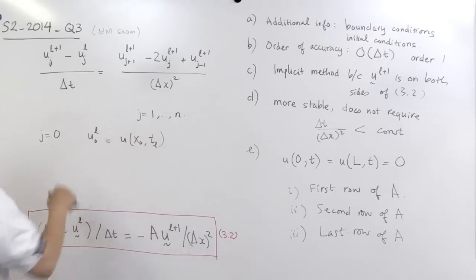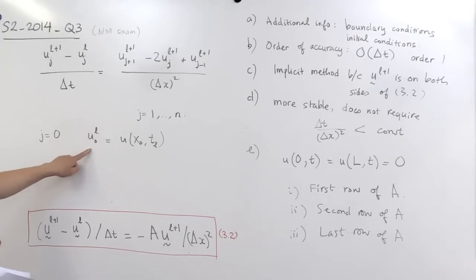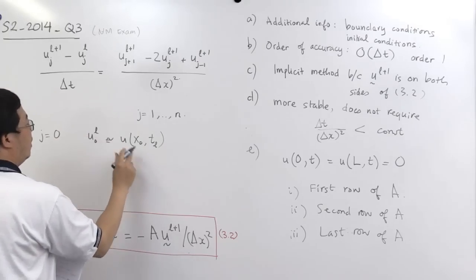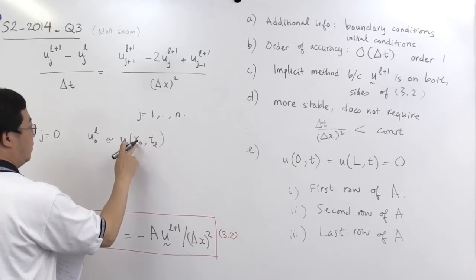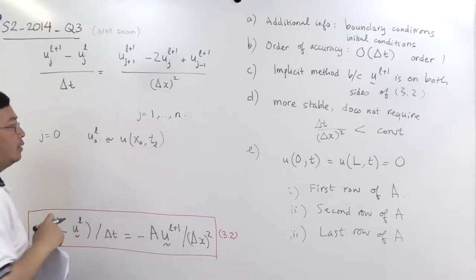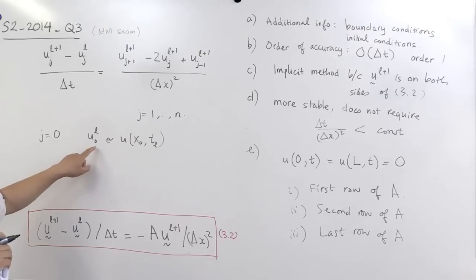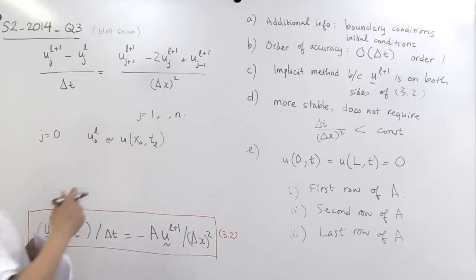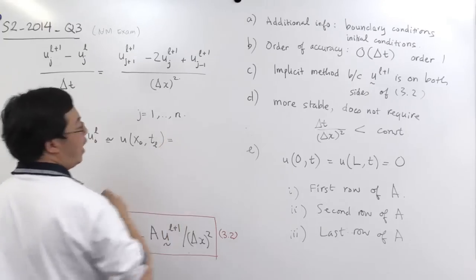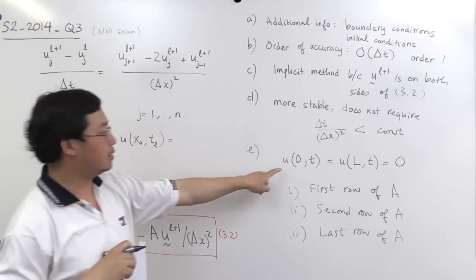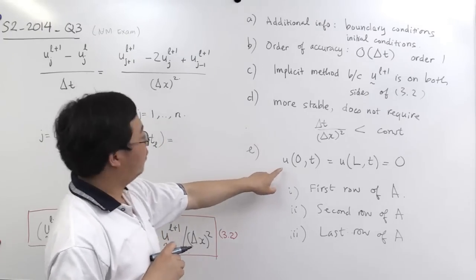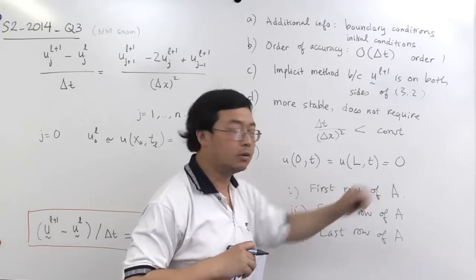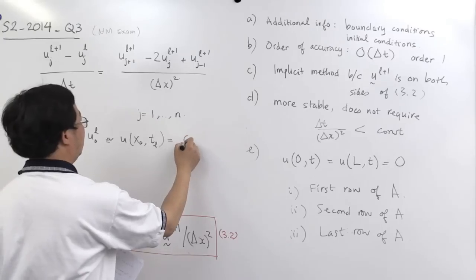So remember u_j^l approximates the value at x_j and t_l, and in this case j equals 0, so it approximates u(x_0, t_l). But now we have to use the boundary condition. The boundary condition says that when x equals 0, u equals 0. So you just put this one equals 0.